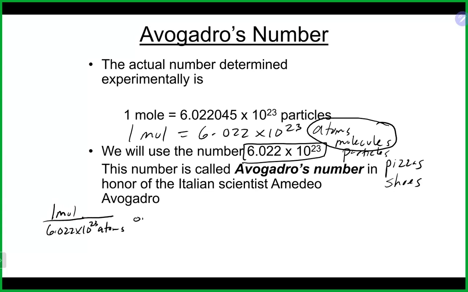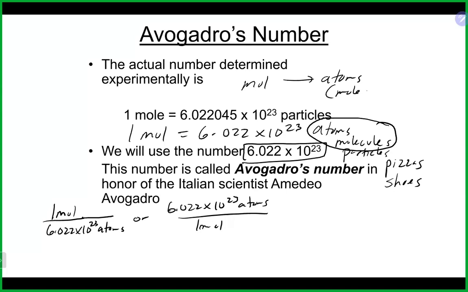Or you could flip it around and write 6.022 times 10 to the 23 atoms has 1 mole. So we use this as a conversion factor, like in dimensional analysis, and the conversion we are doing here is between moles and atoms, or it could be molecules as well.